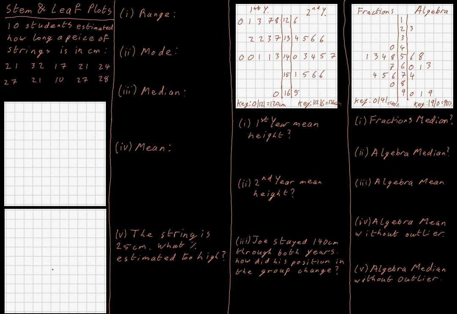So that's what we're always going to do if we need to draw a stem and leaf from a disorganized data set. We'll draw an unordered one first.